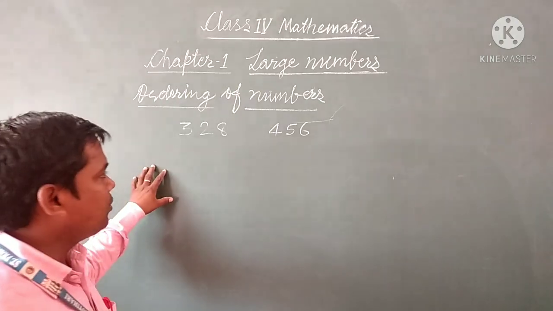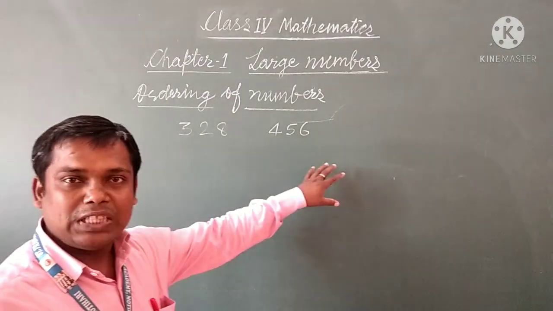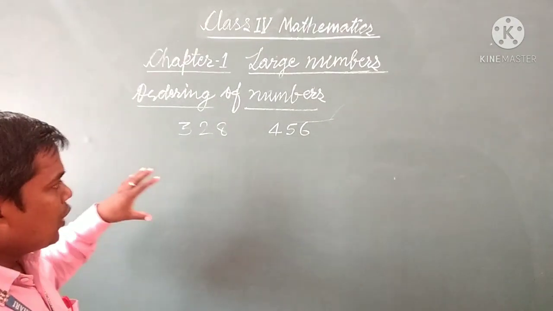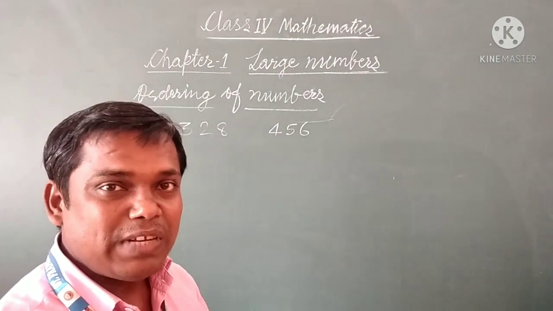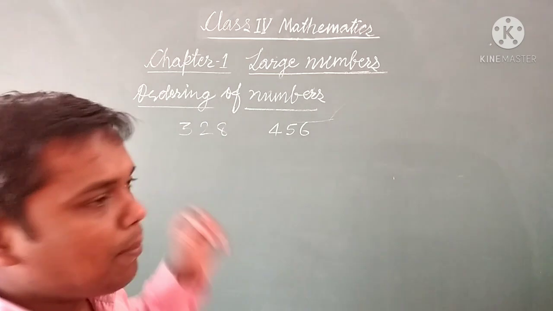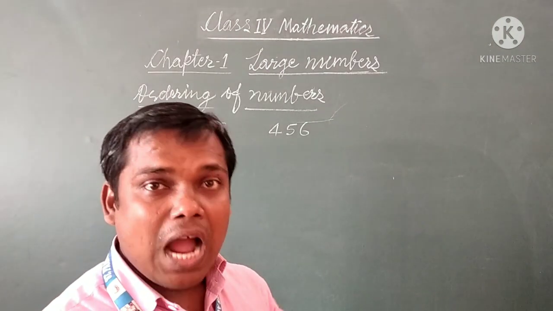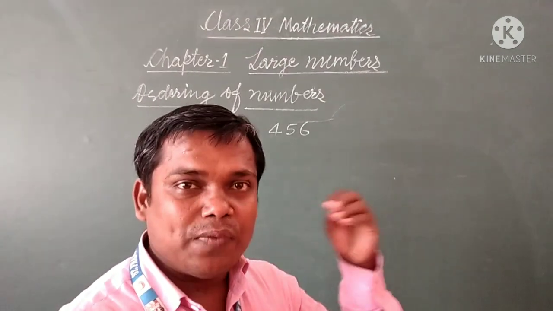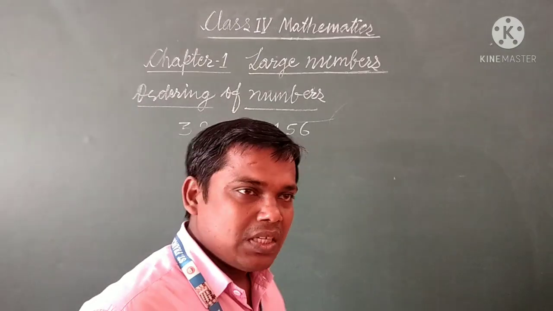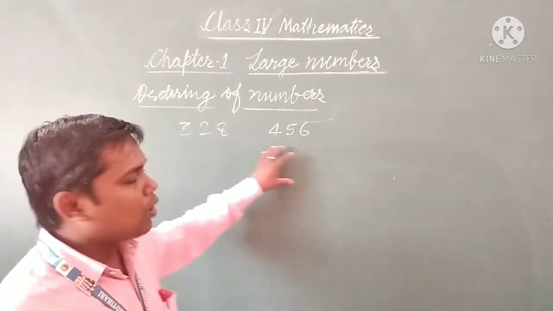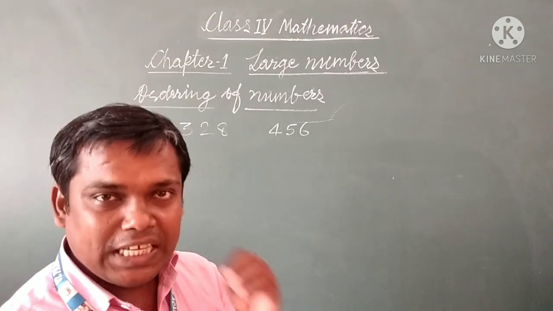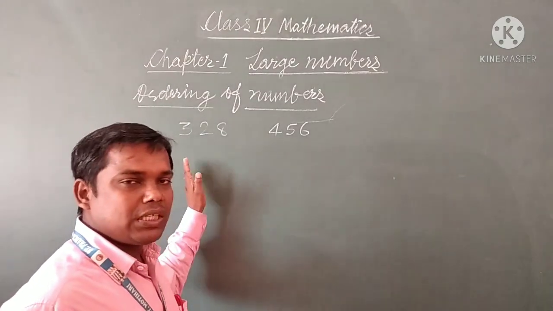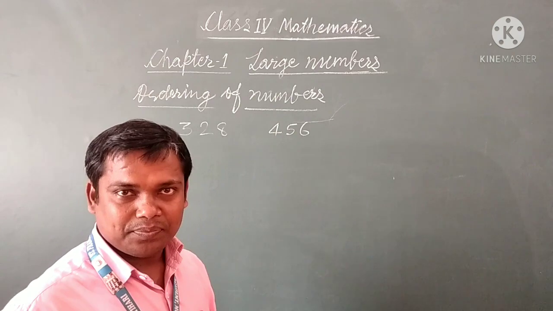Means we have to know the order of these two numbers. First of all, we will observe whether both the numbers given have the same number of digits or not. If the numbers have the same number of digits, then we check the leftmost digit.